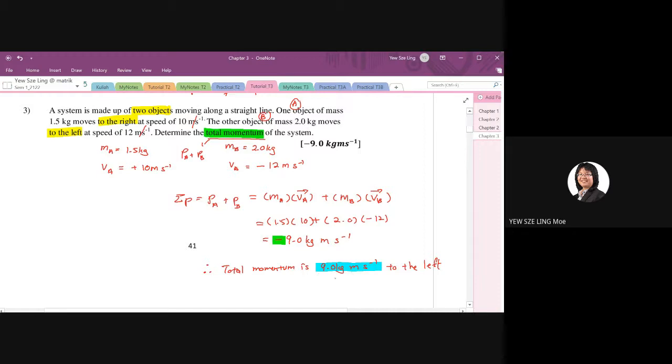So sometimes if you overlook the question, you leave the answer in the negative form and the question is asking for magnitude, 1 mark will be deducted. But if you rewrite it in a statement form, and you have a positive value in your statement, then you are going to get full marks in the exam. Okay. So whenever you have a negative value, remember, change it into a sentence. Make it into a sentence.